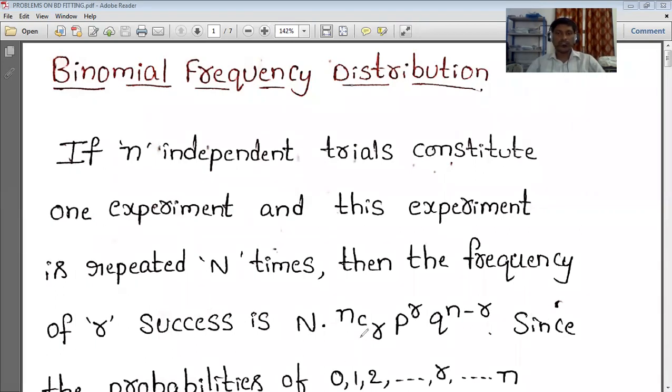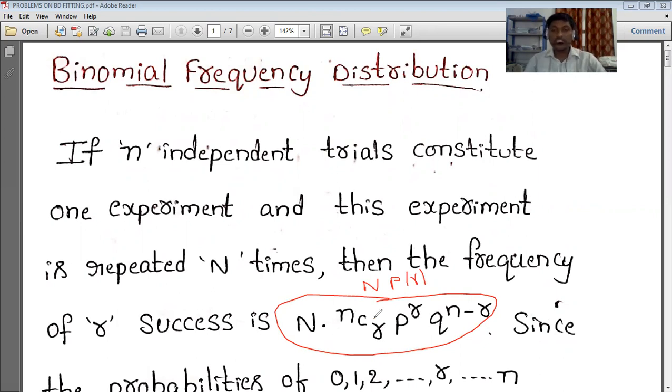P of R is nothing but nCr p power r q power n minus r. This is the formula we are going to apply, so capital N into P of R, where P of R is nCr p power r q power n minus r. There is no change in that.